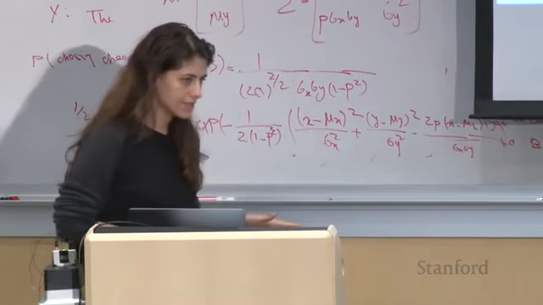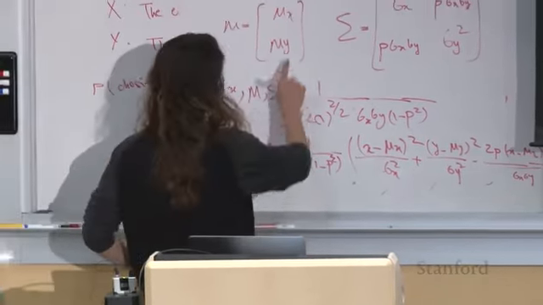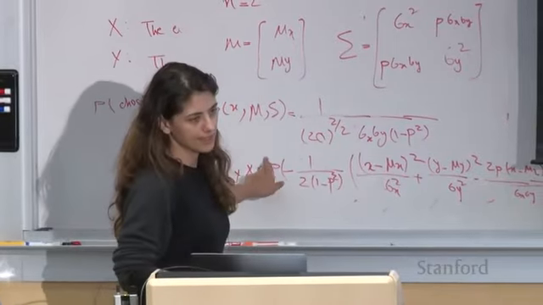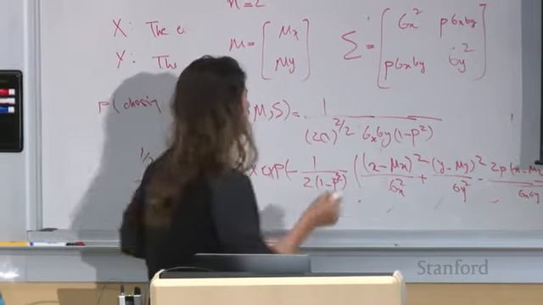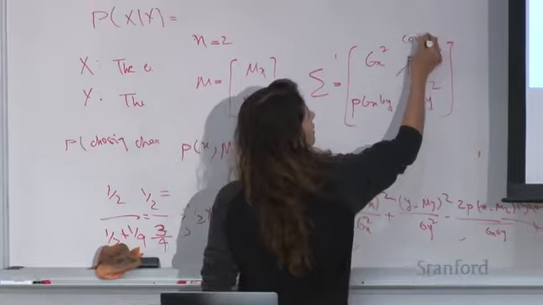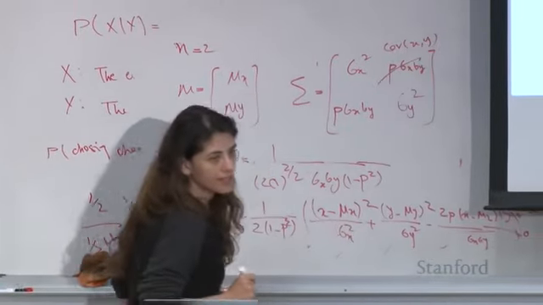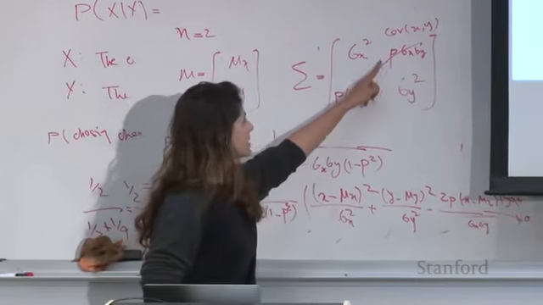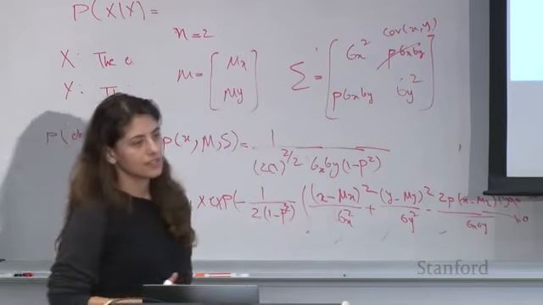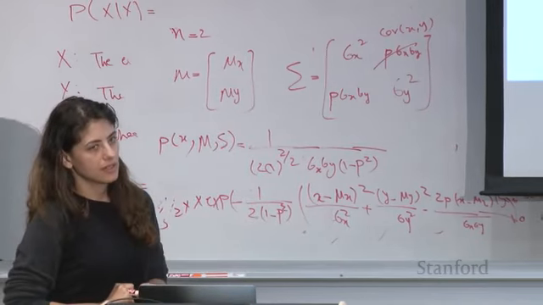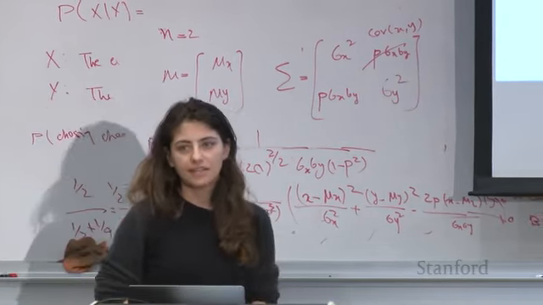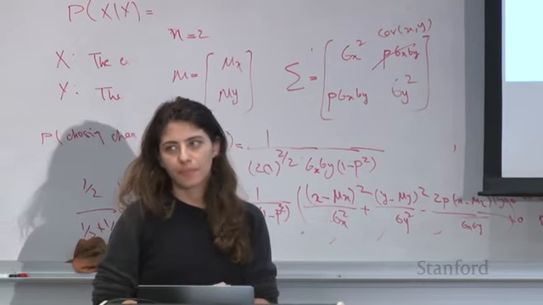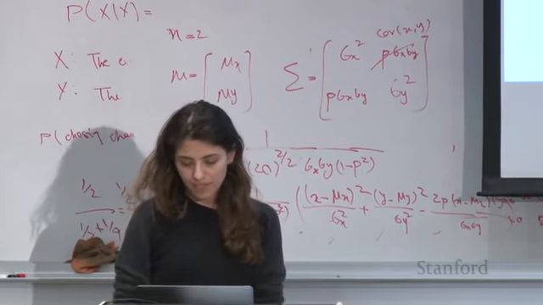You don't need to put this fact, but I assume this to be able to calculate this one. You can consider this as the covariance of x and y, and then if you consider this covariance, it will be a different equation. Is it clear? Okay, cool.